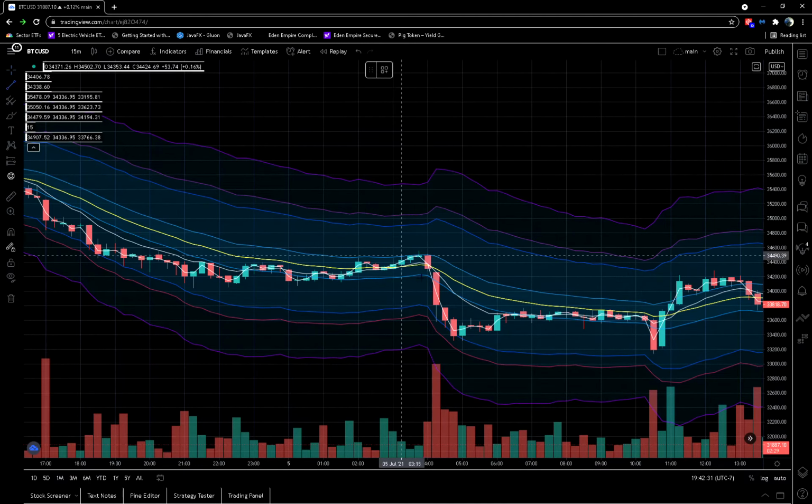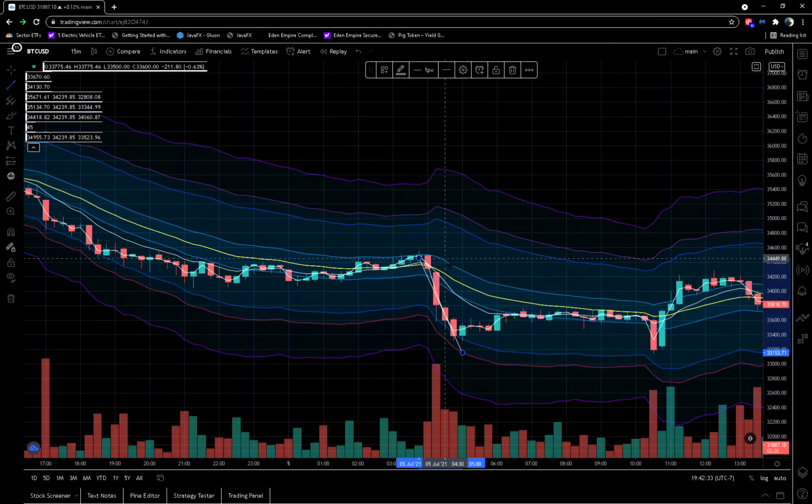It was just a quick dump, and there was a lot of selling, and it moved 5,000 points or something, right? 4,000 points in a couple sets of 15 minutes, right? Three or four candles. That's not the strongest volatility ever, but it's pretty strong.